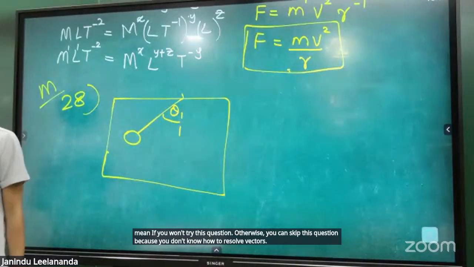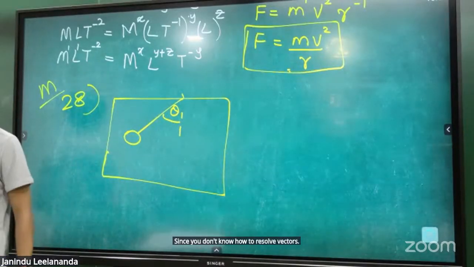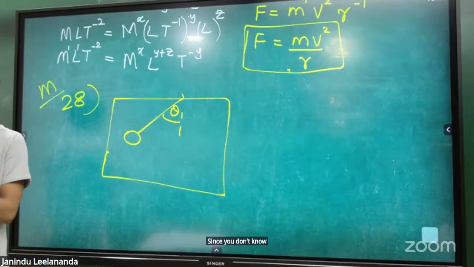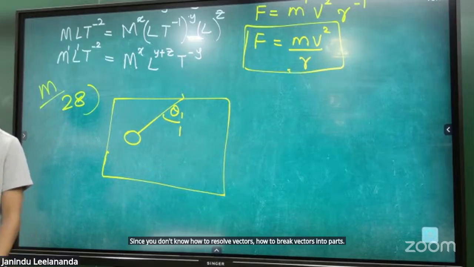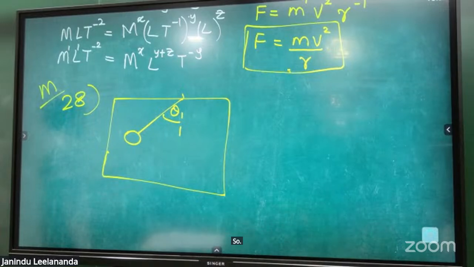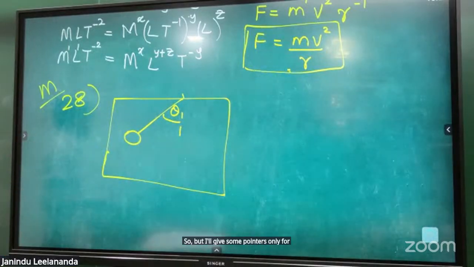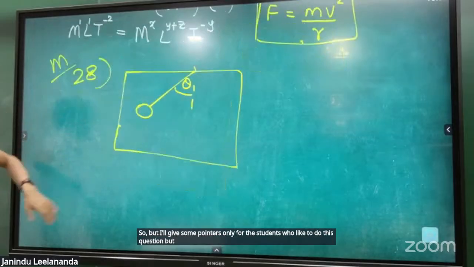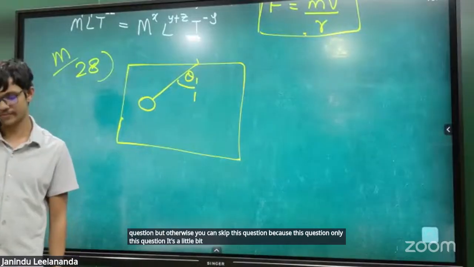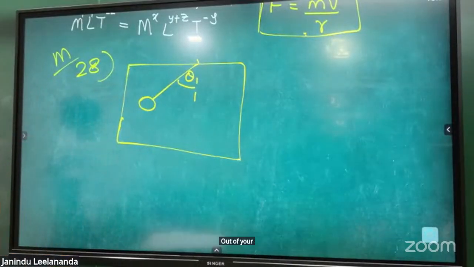Since you don't know how to break vectors into components, this will be a little bit difficult. I'll give some pointers only for the students who like to do this question, because this one is a little bit out of your O-level scope.